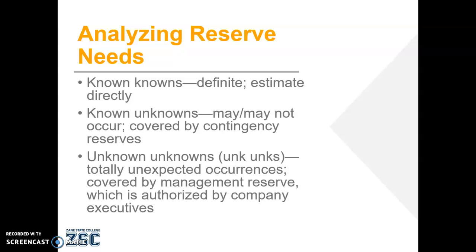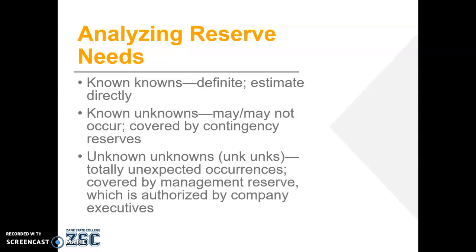Okay, this should be our third and final video on budgeting projects. So we've talked about different ways of developing an estimate or budget for a project and looking at reserves that can be used for things that are unexpected.